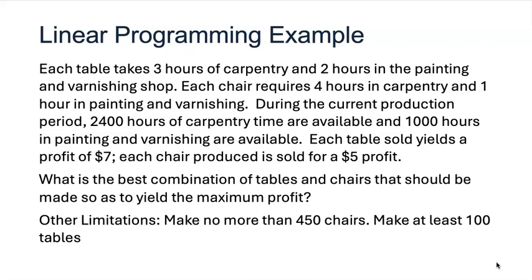Each table sold yields a profit of $7, and each chair produced is sold for $5 profit. What is the best combination of tables and chairs that should be made so as to yield the maximum profit? Other limitations given: we should make no more than 450 chairs, and we need to make at least 100 tables.